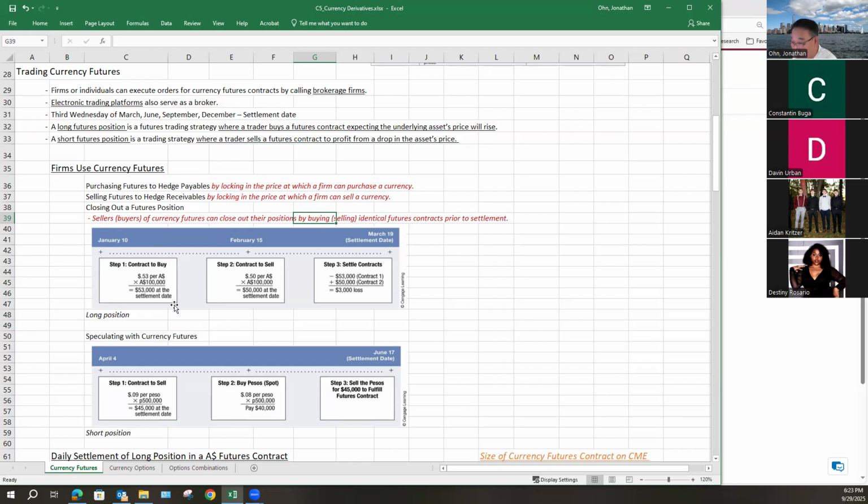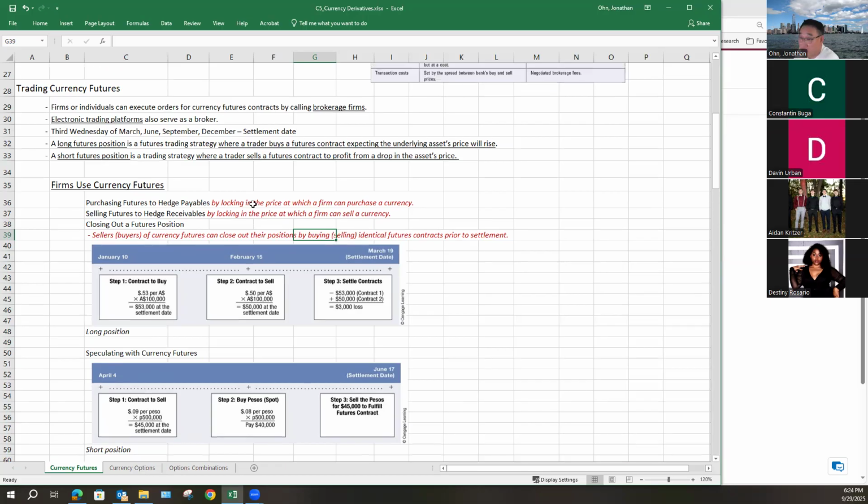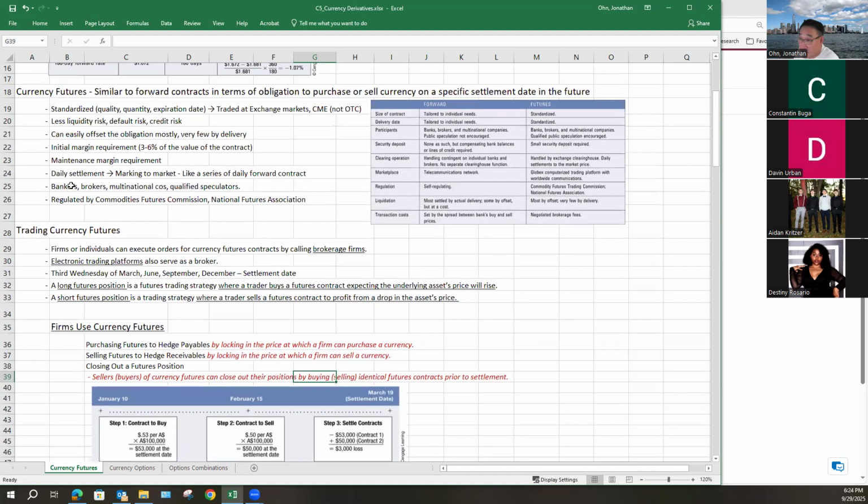If you look at this, 53 cents times 100,000 creates $53,000 payable. So you have to pay because you are in a futures contract, right?